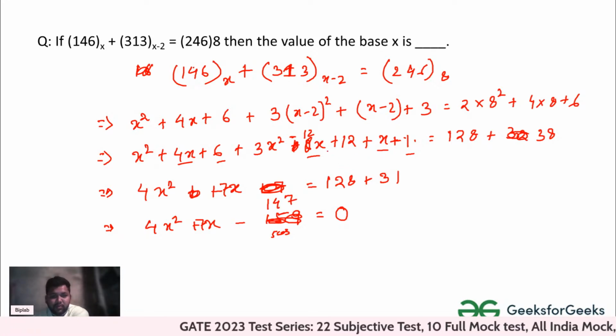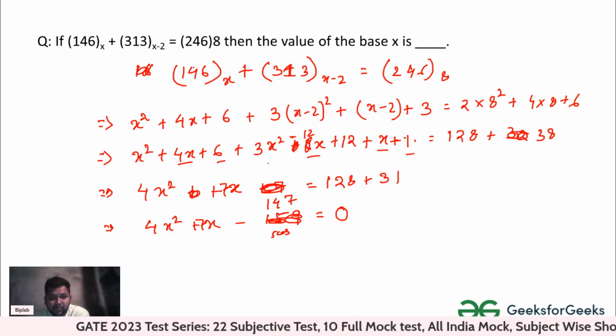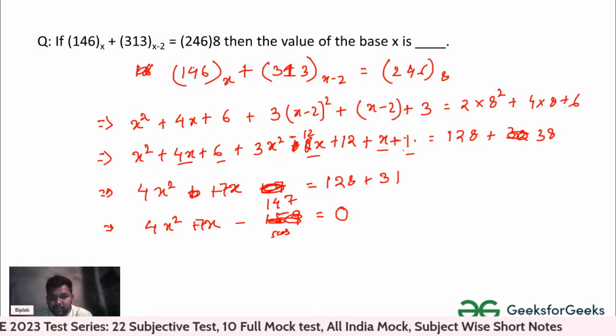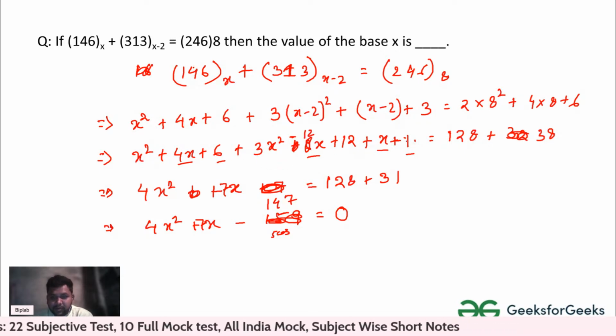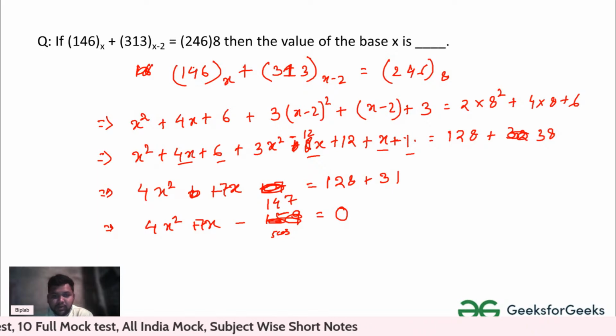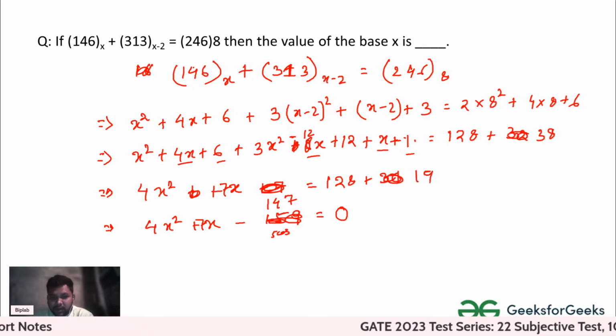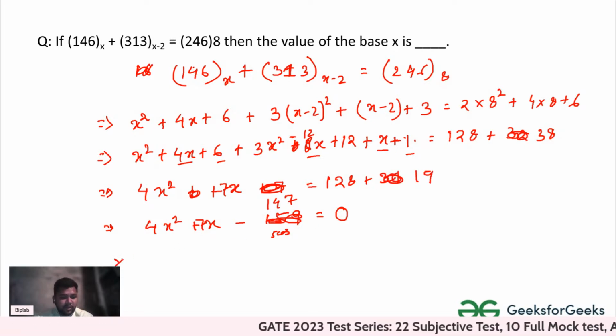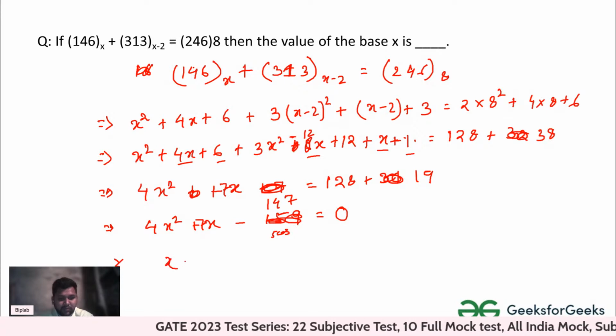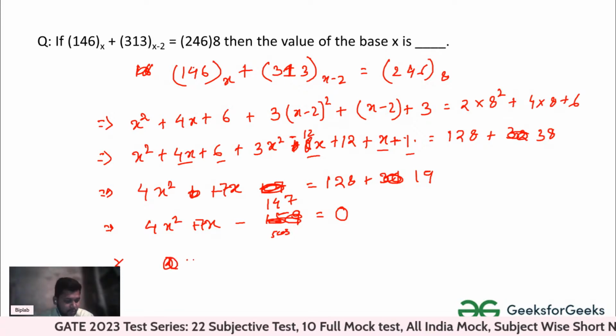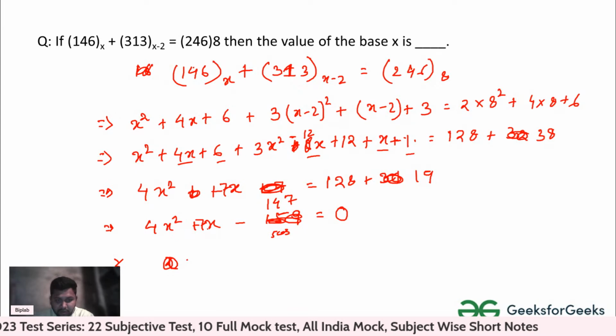You have 12 here, 6 here, and 1. If you send it, 12, 18, 19, yeah. So you will have 19 here, and that is 147. Now you will have the solution for x, which may be 21 and 7.